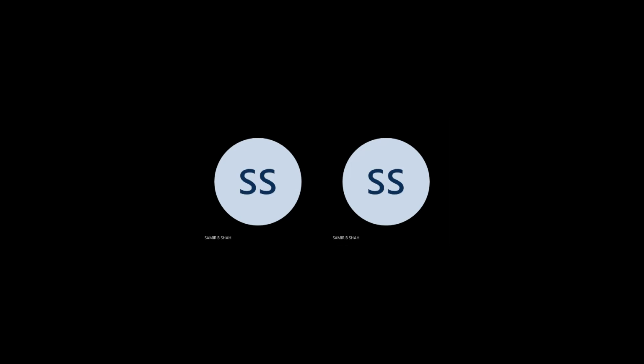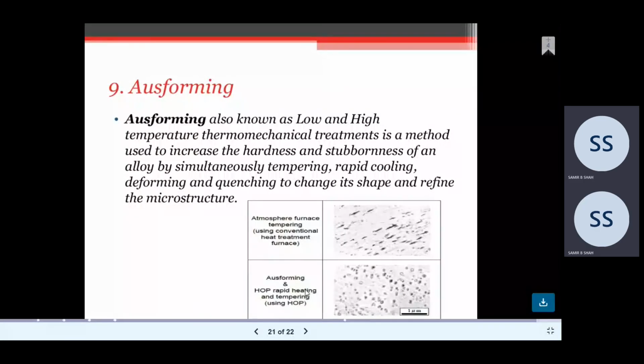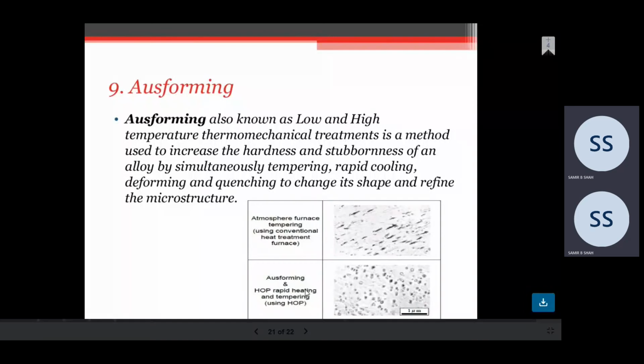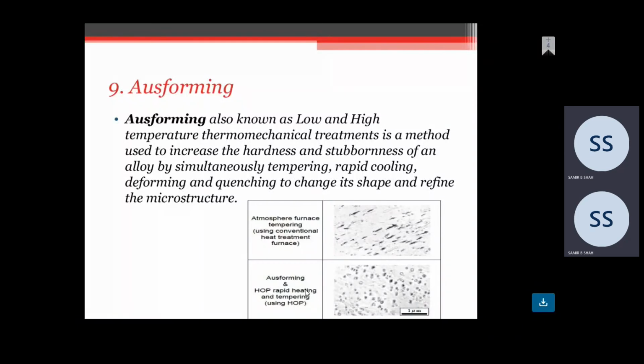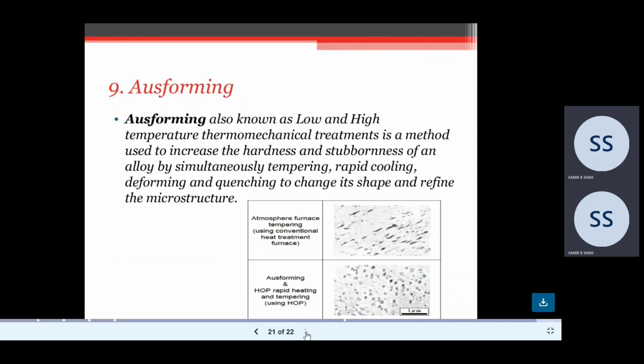Very helpful video and very helpful PPT for you, which I'm trying to cover maximally with the basic introduction of heat treatment. Hope so. Please refer to it one or two times, so it may be very helpful to you. In the PPT, I have not added any range or any alloy, but that may be added in the video.